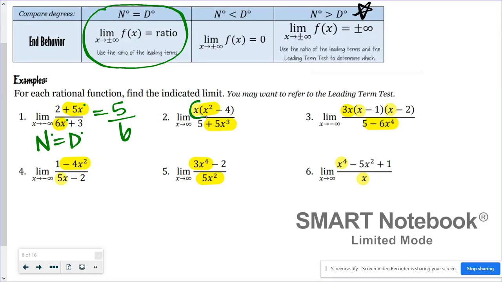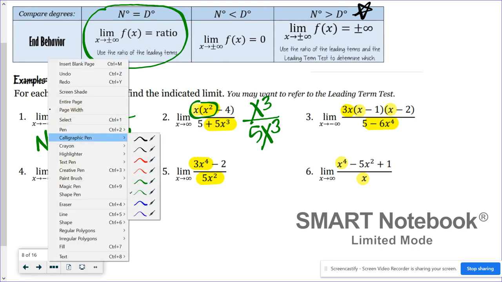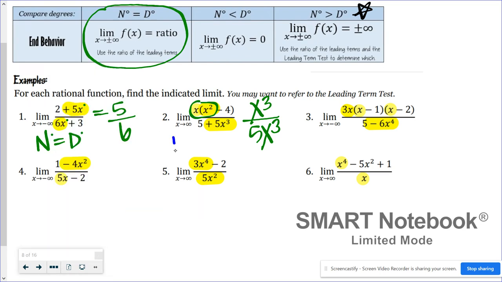If I multiply these together, that gives me x cubed. So I have an x cubed leading term on top and a 5x cubed leading term on the bottom. Once again, the degree of the numerator equals the degree of the denominator, so my limit is equal to the ratio of my leading terms. So we're talking 1/5 here.